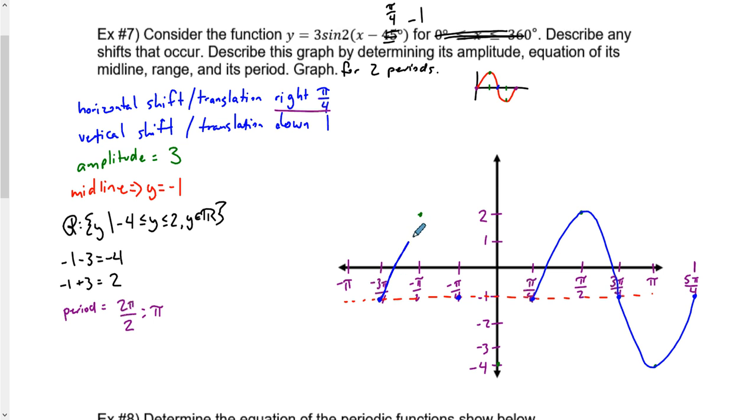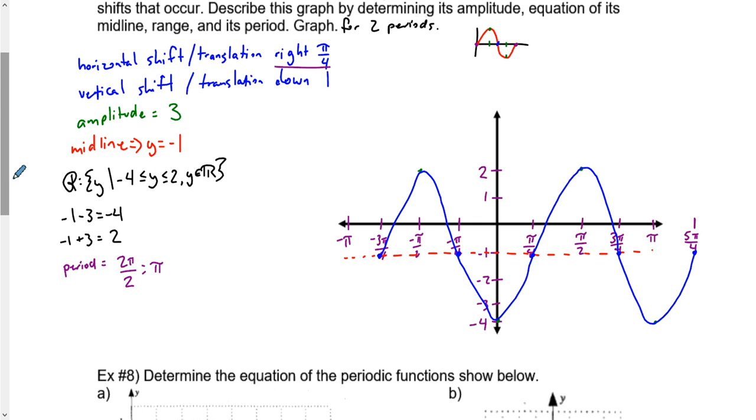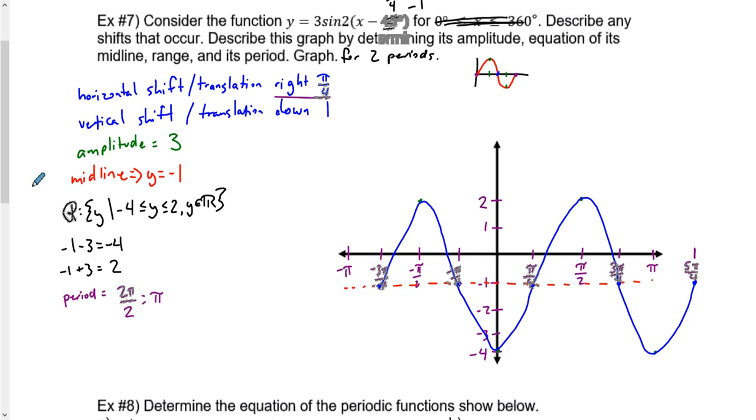Connect our dots. So we can have a properly graphed 3 sine of 2x subtract pi over 4 subtracting 1 graph. This is this sinusoidal function.